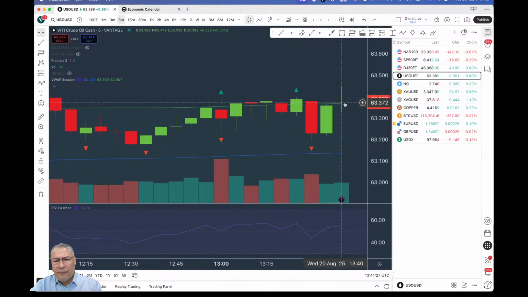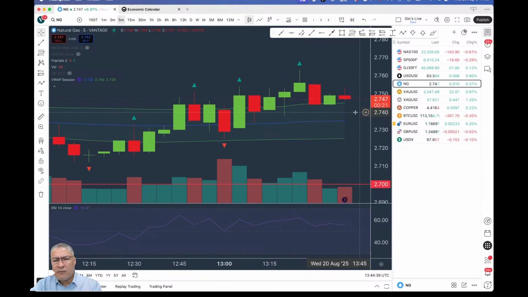Crude oil is fluctuating above the upper band, but we still gotta wait. It hasn't been 15 minutes. So let's see. Nat gas. All right, so nat gas bounced off the upper band, and it continued, but now it's retracing.